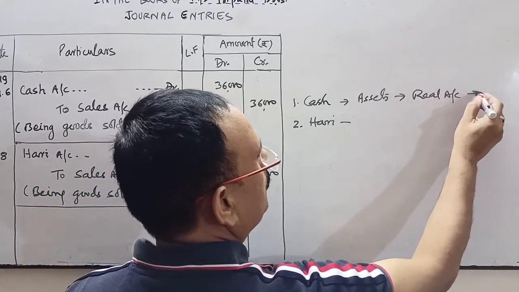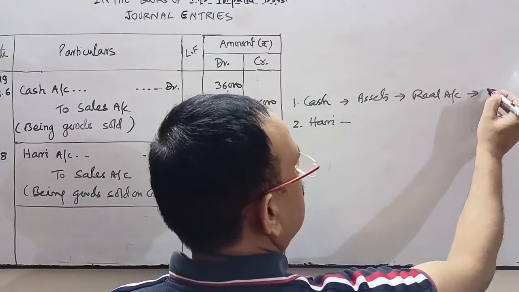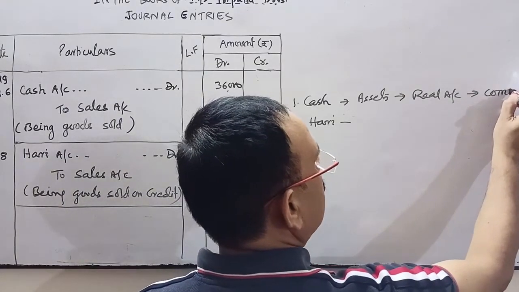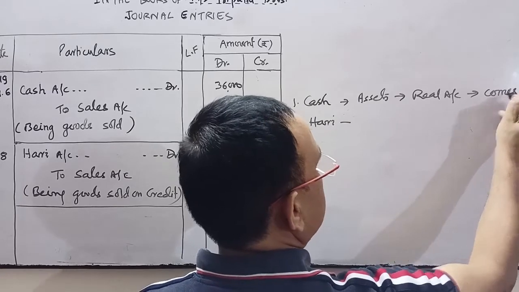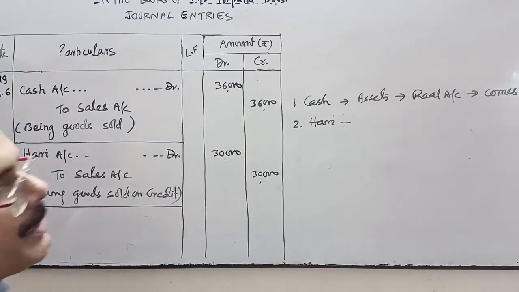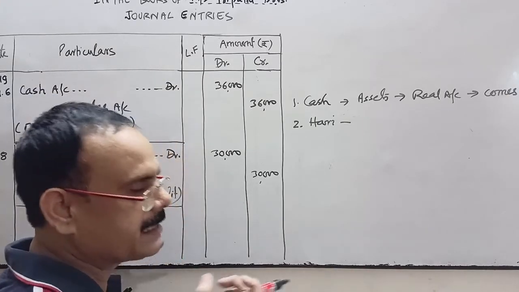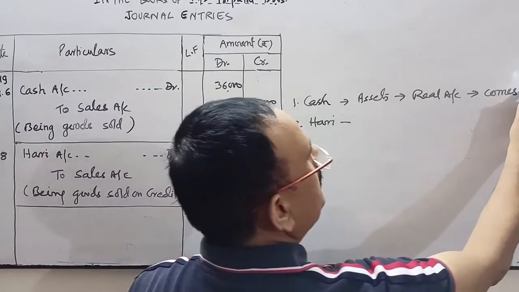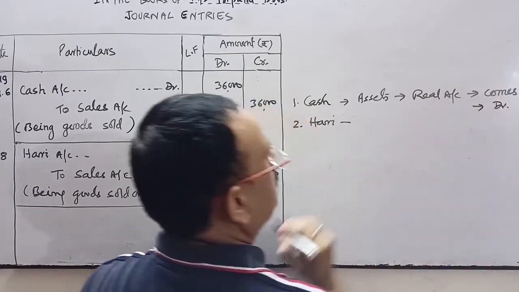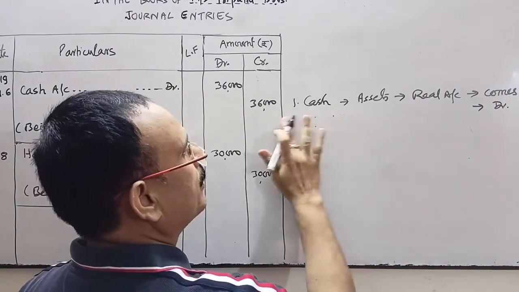And what is the rule of real account? What comes in is debit. So does cash come in the business or go out from the business? You have received cash from Hari. When you receive the cash, cash comes in the business. So that's why the cash account will be debited. Come to the Hari account.